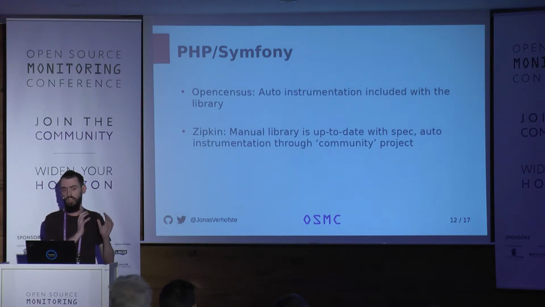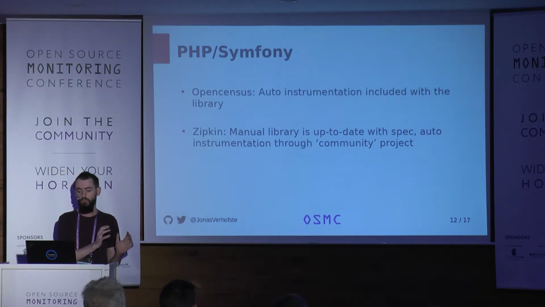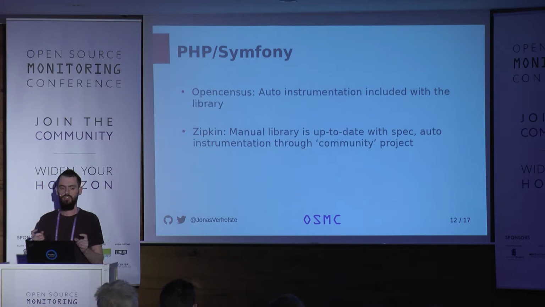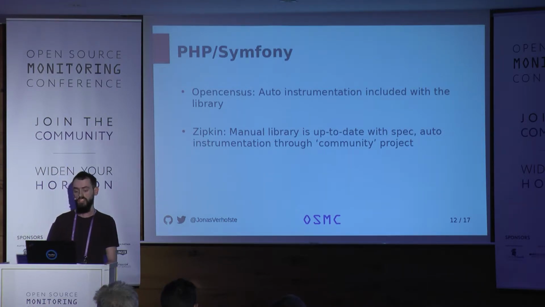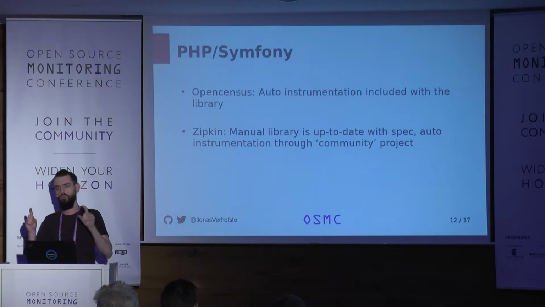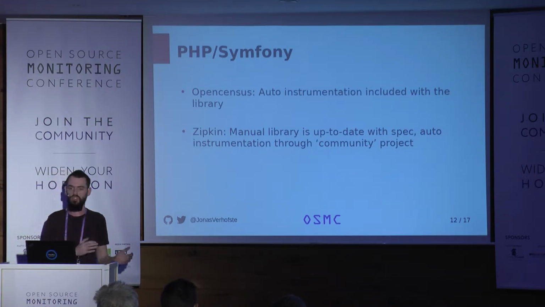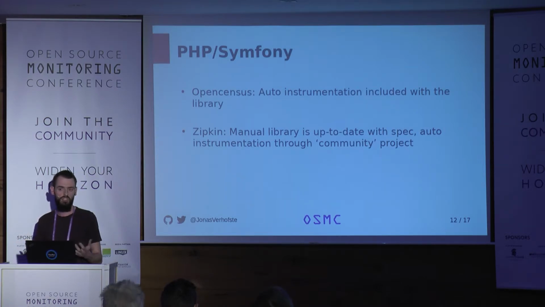Zipkin is the library itself, but there is a community project which enables you to do automated instrumentation. But the community project is written by the core maintainer of the PHP implementation of Zipkin. So it's a community project in the sense that it's not under the Zipkin namespace, but it is written by the same guy. So there's heavy support.